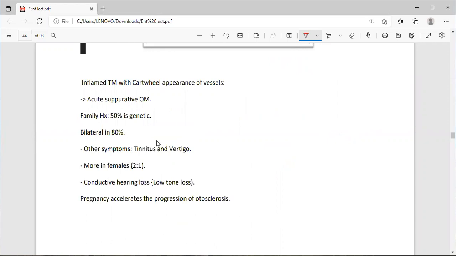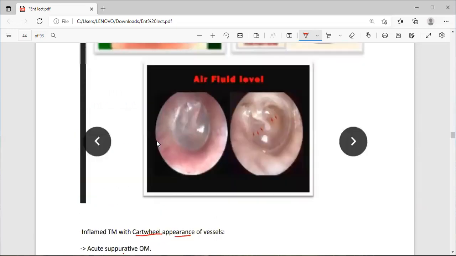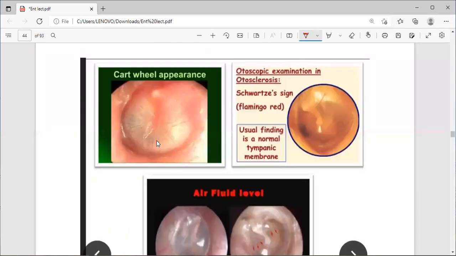The next one is an inflamed tympanic membrane with a cartwheel appearance of the vessels. Cartwheel appearance of the vessels is acute suppurative otitis media. Now, what is the cartwheel appearance? Here you can see multiple minor vessels, like the spokes of a wheel, being appreciable.